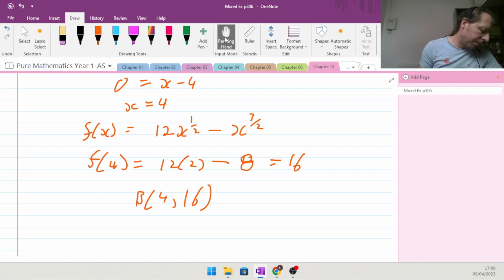Finally, find to 3 significant figures the area of the finite region bounded by the curve and the axis, 6 marks.